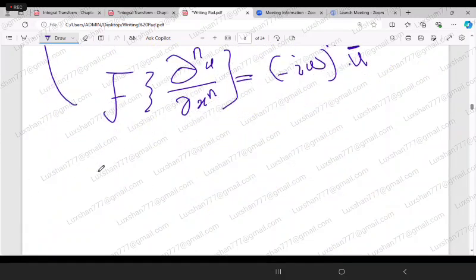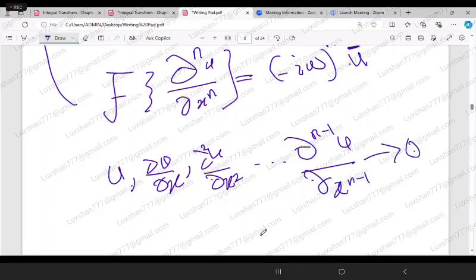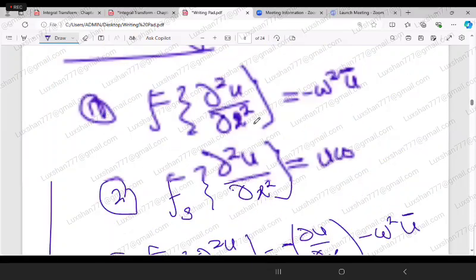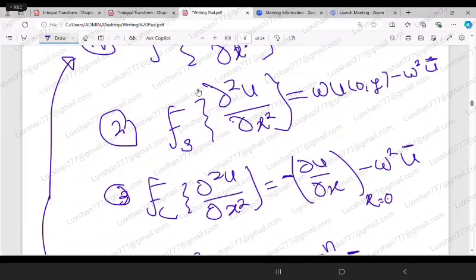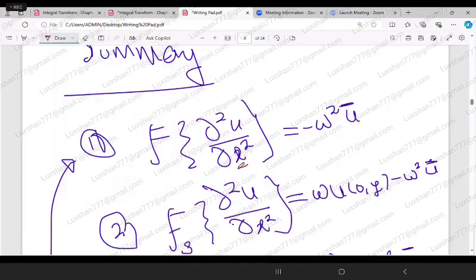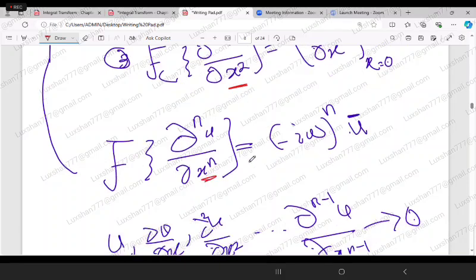All these things are with the assumption u, ∂u/∂x, ∂²u/∂x², up to ∂ⁿ⁻¹u/∂xⁿ⁻¹ all tend to 0 as x tends to plus or minus infinity. With this assumption only, you can use this formula. Look at here, all these are with respect to the variable x.